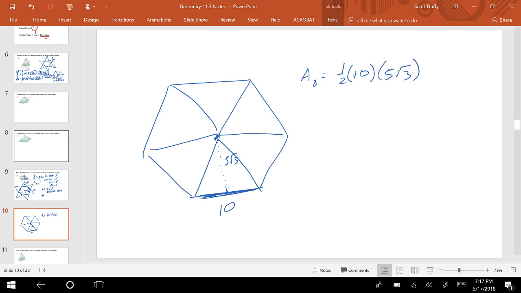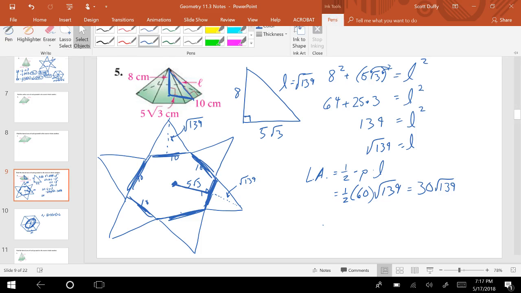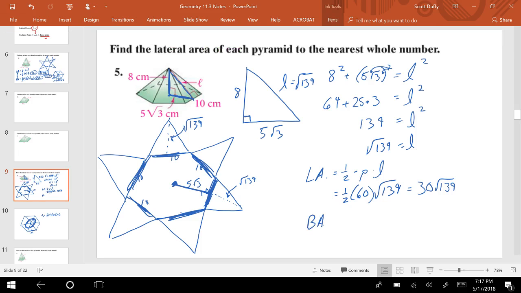Whatever that is, you multiply by 1, 2, 3, 4, 5, 6 triangles. Multiplying it by 6 gives you the whole area of the base. So I'm going to go back over here and write it down. The base area equals 1/2 times the base of 10 of one of those little triangles times the height of 5 times the square root of 3 times how many triangles are drawn into our base, which is 6.